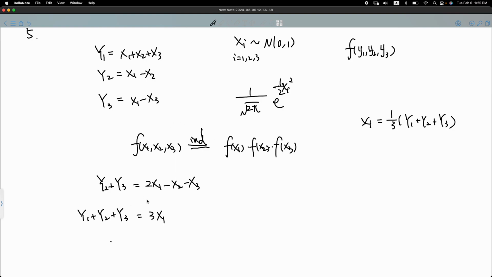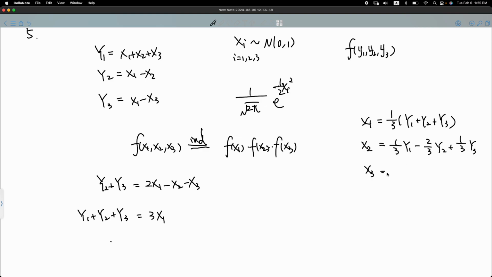And then if you plug in the x1 into both y1, y2, and y3, you will get x2 is equal to 1/3 y1 minus 2/3 y2 plus 1/3 y3.